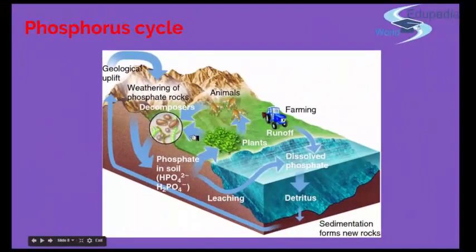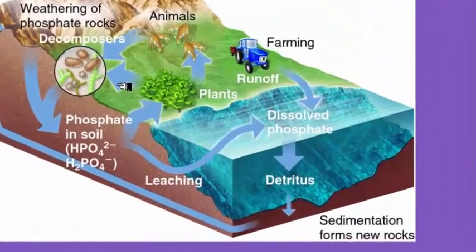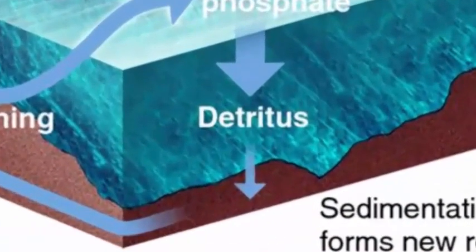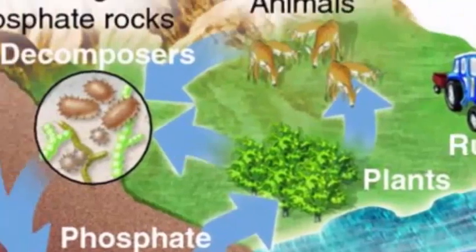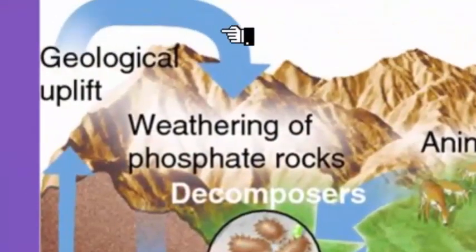What also can happen is that after long periods, the phosphorus can get locked in the ground and form sedimentary rocks by a process called sedimentation. And then at some point, what happens is this geological uplift. So if decomposers do not reach it at the right moment, it can get piled up.